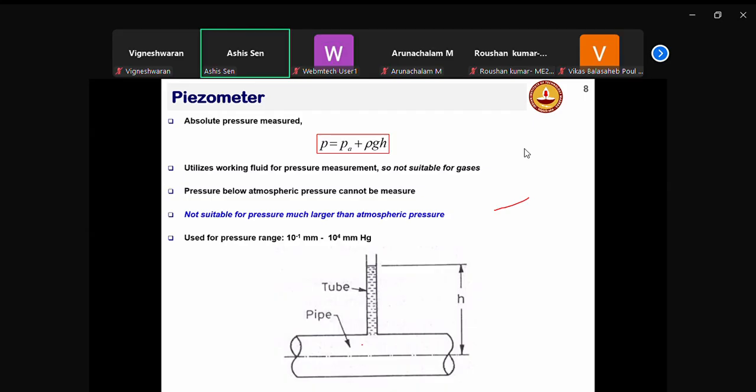So this method cannot be used for subatmospheric pressure measurement. Okay. So typically, this kind of arrangement is used for application where your pressure is within the range of 0.1 mm of mercury to about 10 to the power 4 mm of mercury.